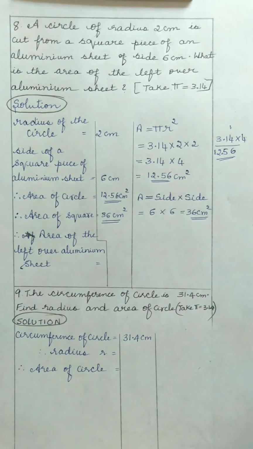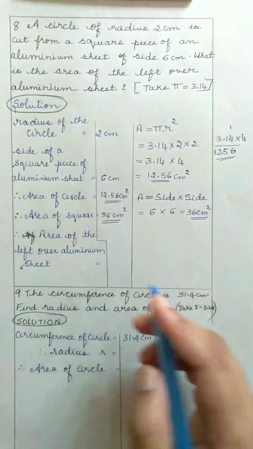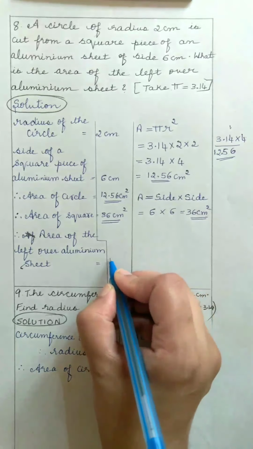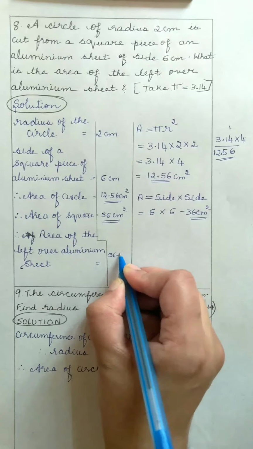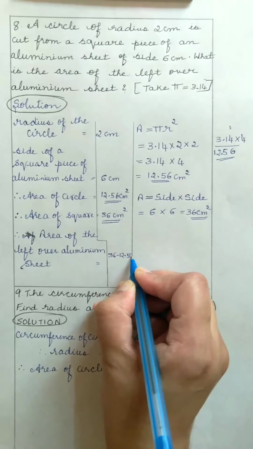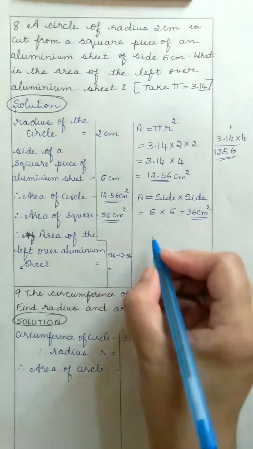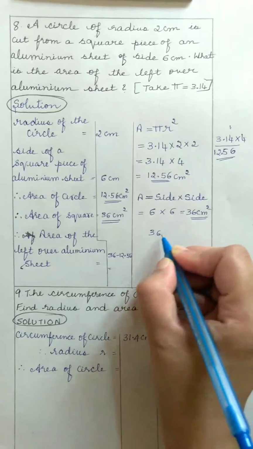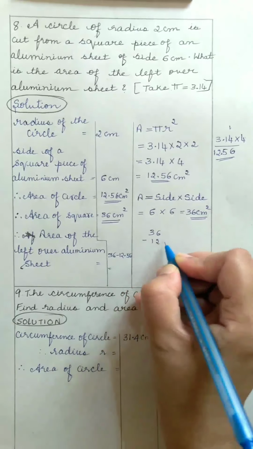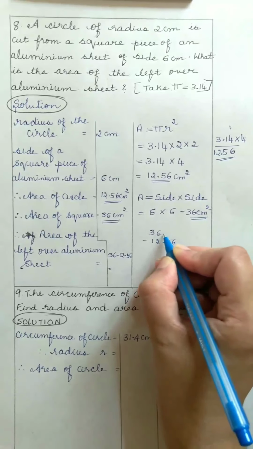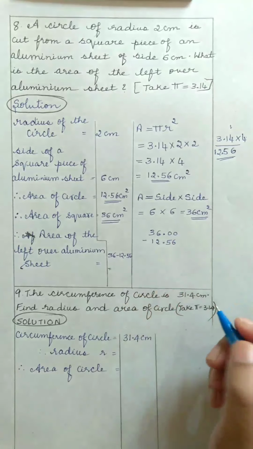Now, to calculate the area of the leftover aluminium sheet, children, we have to subtract the area of the circle from the area of the square. The area of the square is the greater value. Therefore, 36 minus 12.56. When we subtract, for the 36 we shall add 2 zeros.